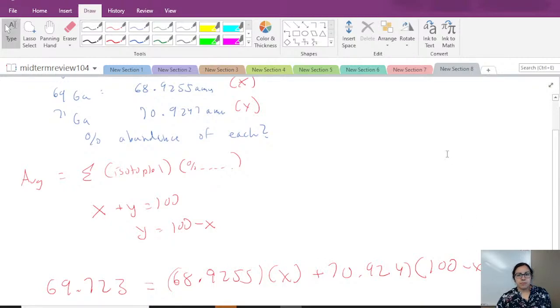Does that at least make sense for the setup of this? Again, you're seeing it now so that you won't be scared on the exam. Now try that out with the algebra.